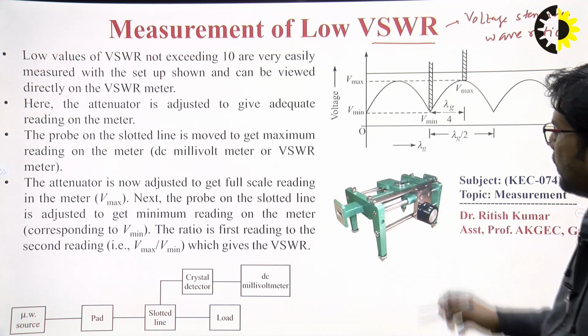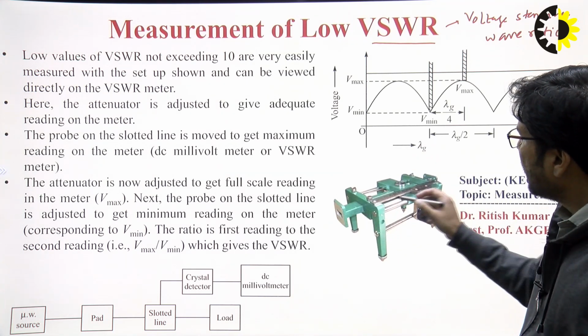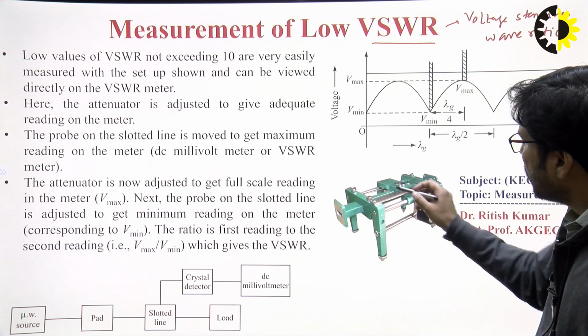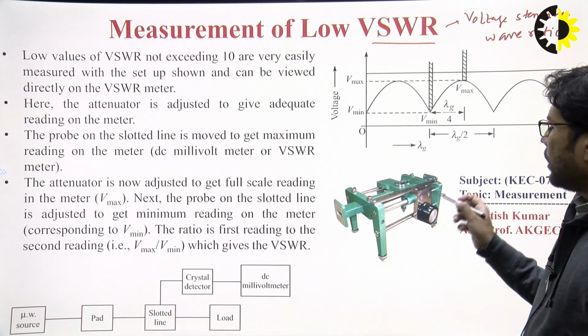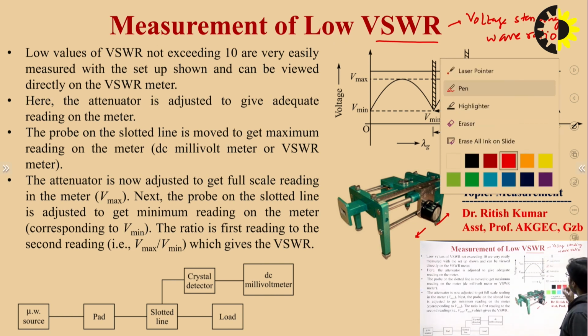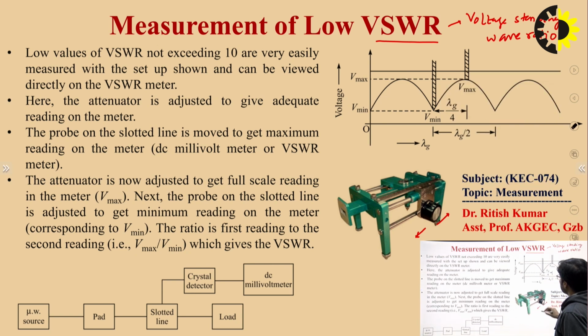This is the waveguide, this is the slot over the waveguide, and this is a scale over the slotted section. With the help of this knob you can move the reference level from left, meaning the backward side, to the forward direction as well. So, how can we measure the VSWR with this kind of slotted waveguide section?